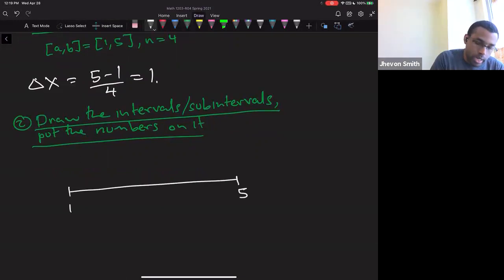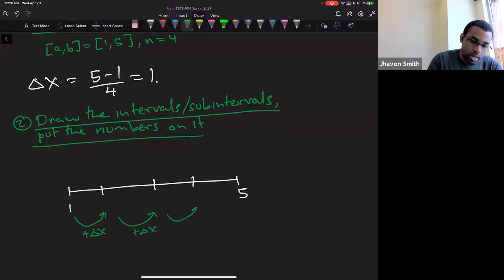I know I am splitting it up into 4 equal pieces, and now I know the length of each piece. So I start at the first one, and I add delta x to get to the second one, and you just keep adding delta x until you get to the last number. Our delta x is 1 here, so I take 1 plus 1.